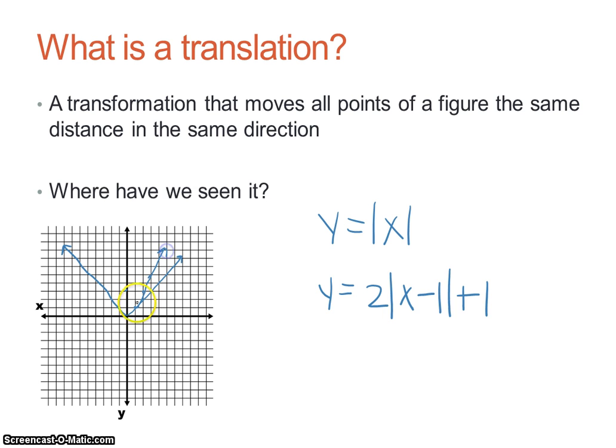And that would be on both sides. So this would be stretched, and it would be translated right 1 and up 1. So we've been doing this all along. Just now we're going to get back to our vocabulary and say translation instead of moving or shifting.